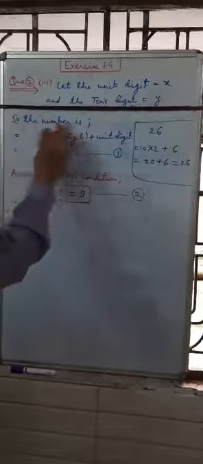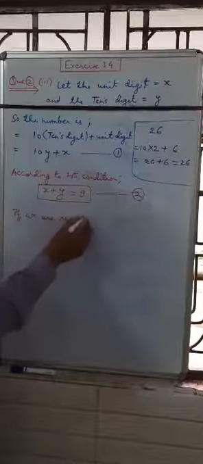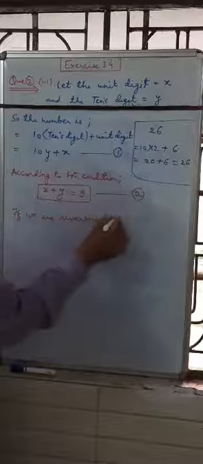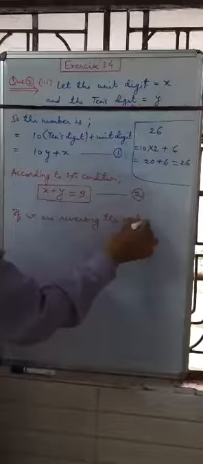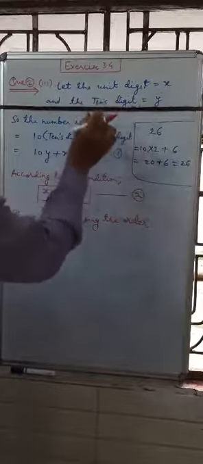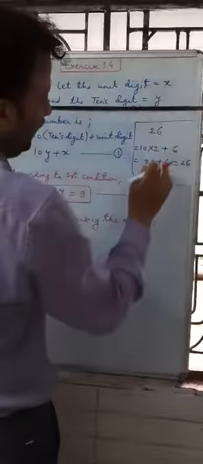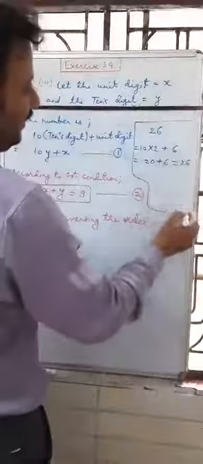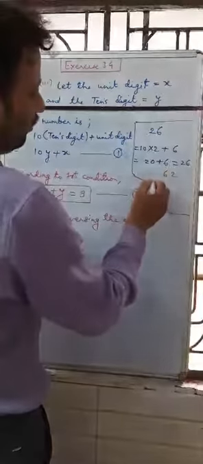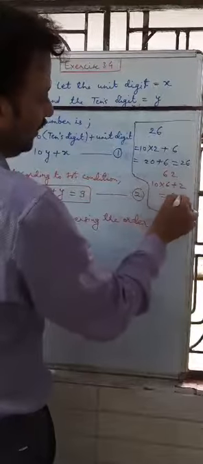Now reversing the order. Reversing the order means the tens digit will become the unit digit and the unit digit will become the tens digit. So here 26, when we are reversing the digits, the number is 62. So 10 into 6 plus 2 is equal to 62.